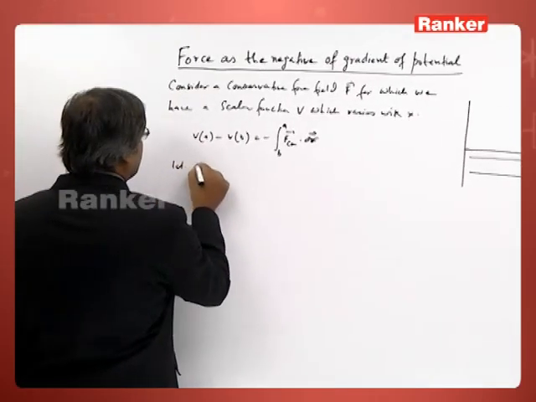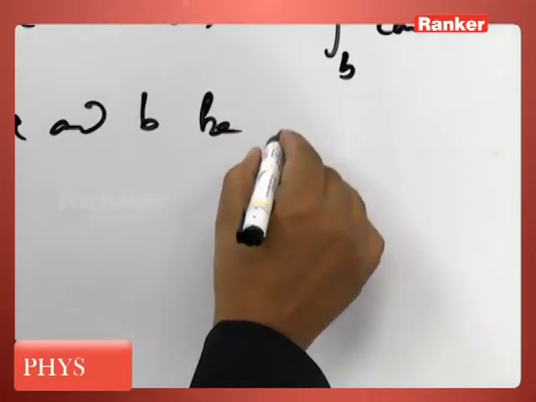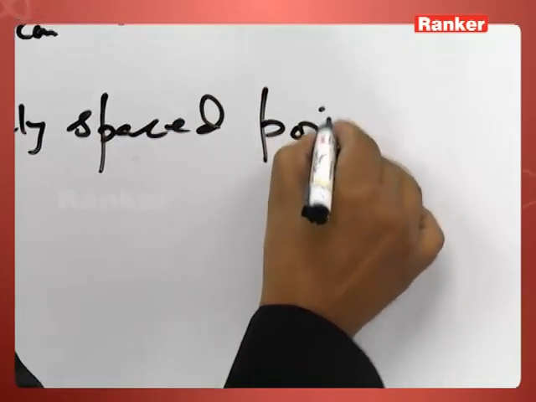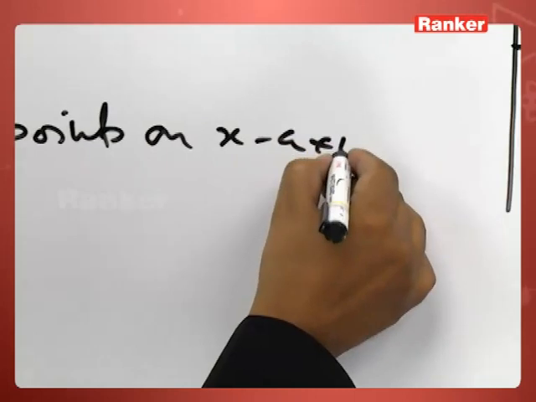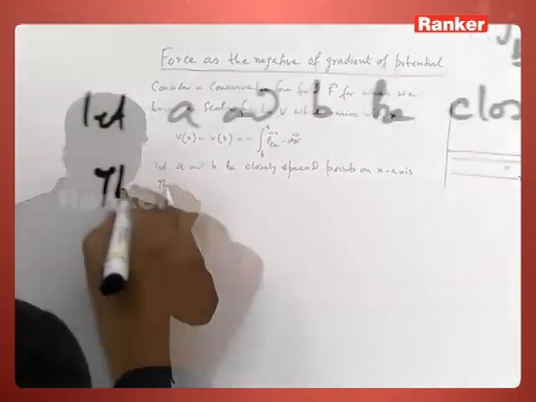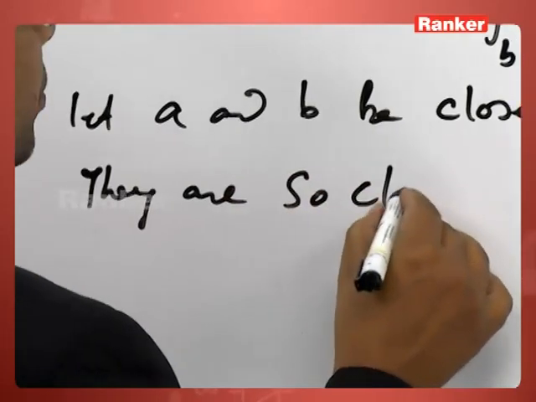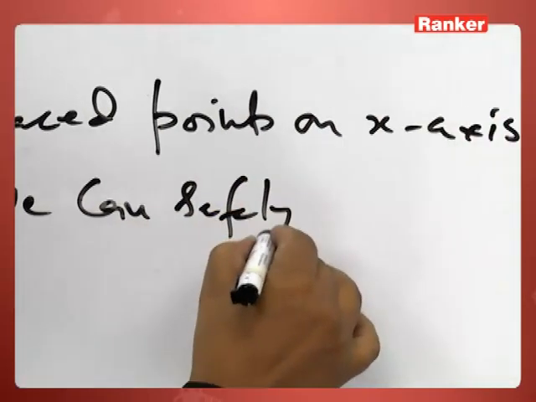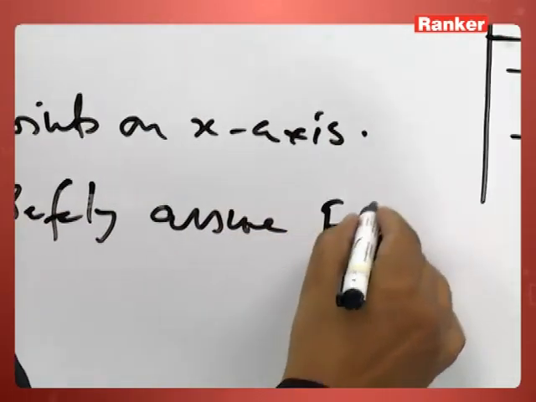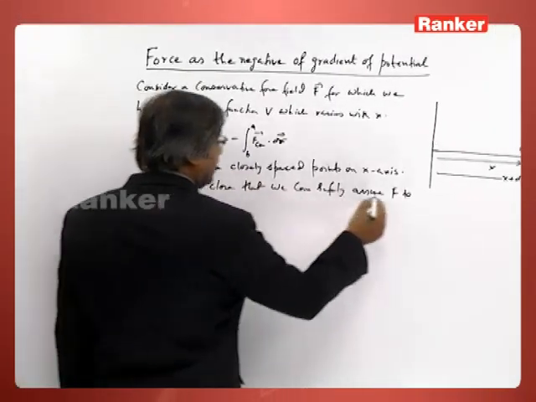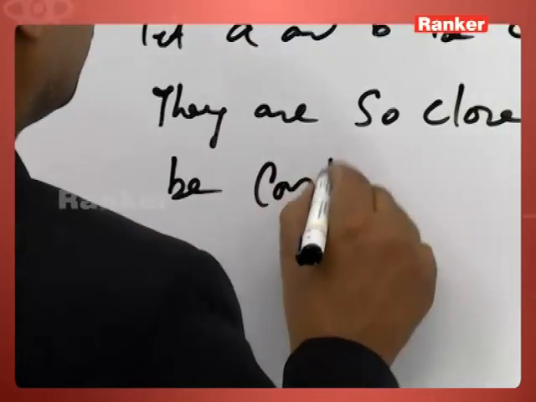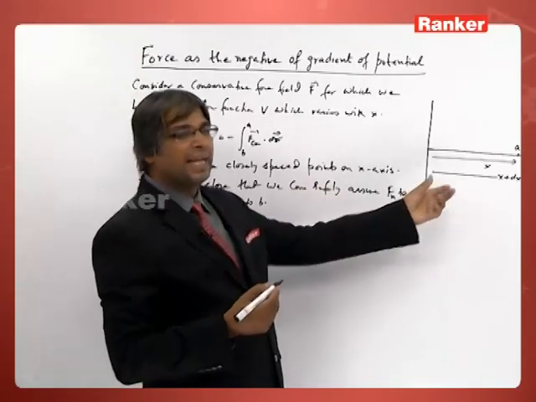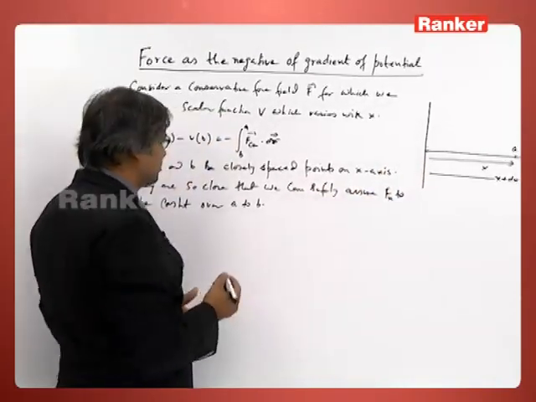So let A and B be closely spaced points on the x-axis. They are so close that we can safely assume Fx to be constant over A to B. The distance between A and B is dx.